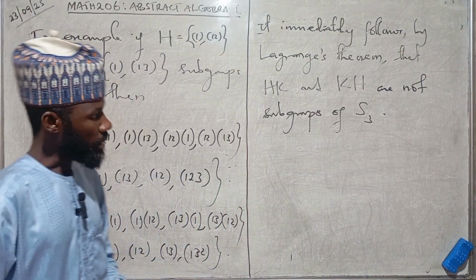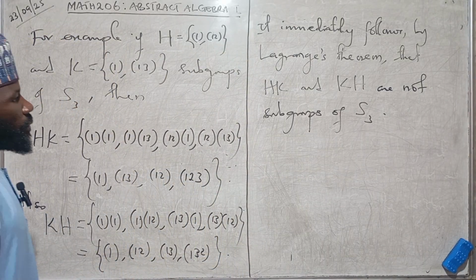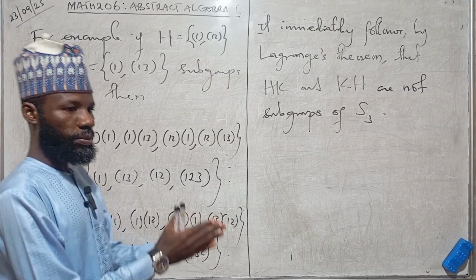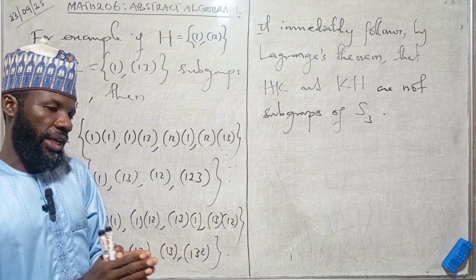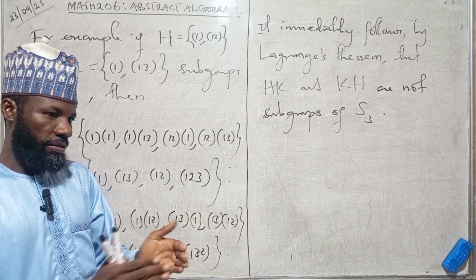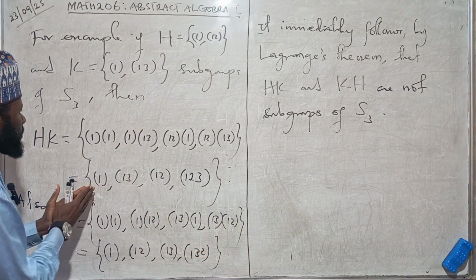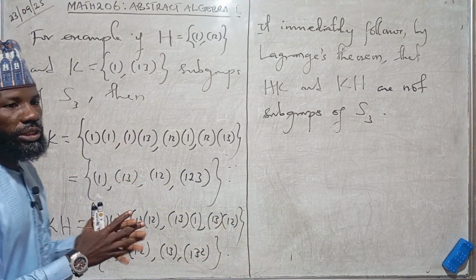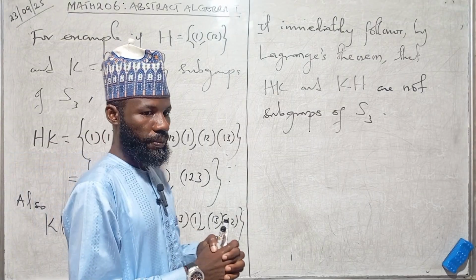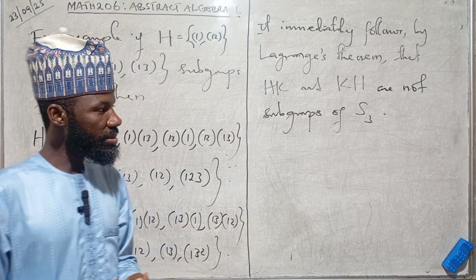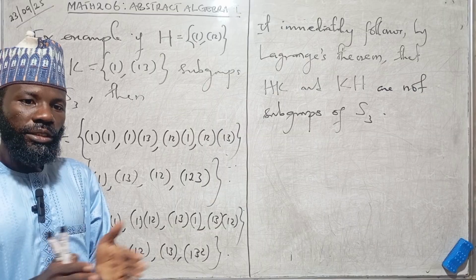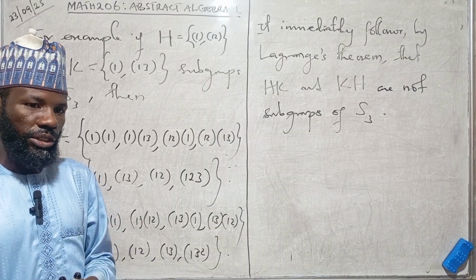So this is it. Now, we take two subgroups and multiply them together using the internal version of multiplication. And then we saw that for this kind of subgroup, the product is not a subgroup. But is it generally true that whenever you multiply two subgroups, the result is not a subgroup?